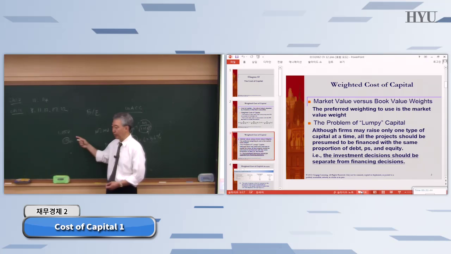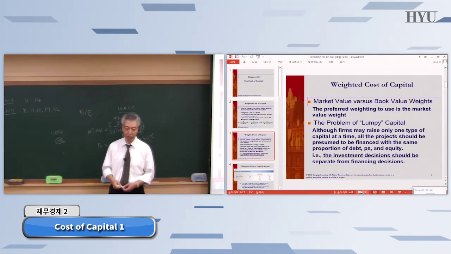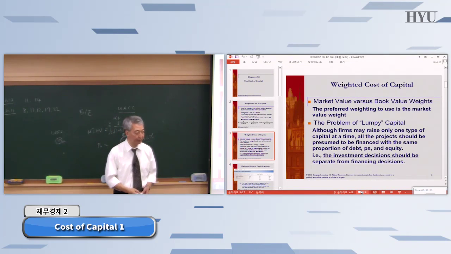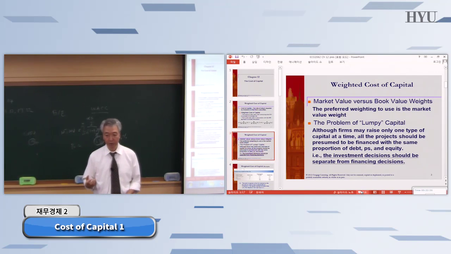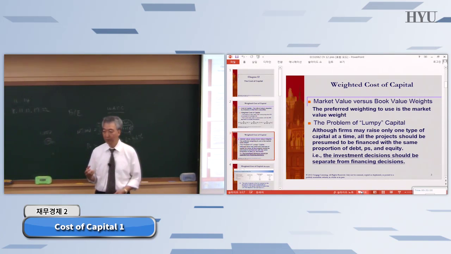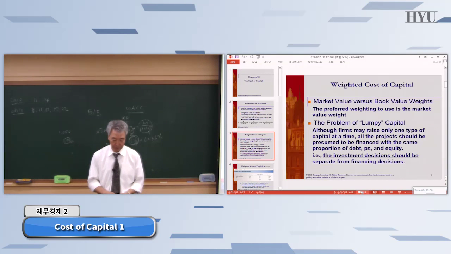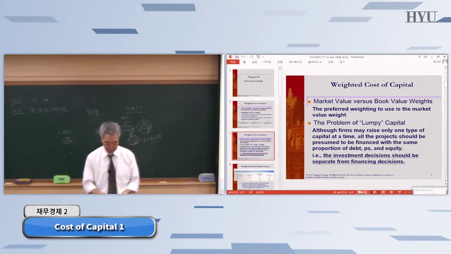Par value is meaningless as far as calculating the rate of return to the investors goes. The same thing for the stocks. Investors will calculate their rate of return by how much they paid when they purchased the stock, actually. So when you calculate the cost of capital, you have to use the market value. Okay?